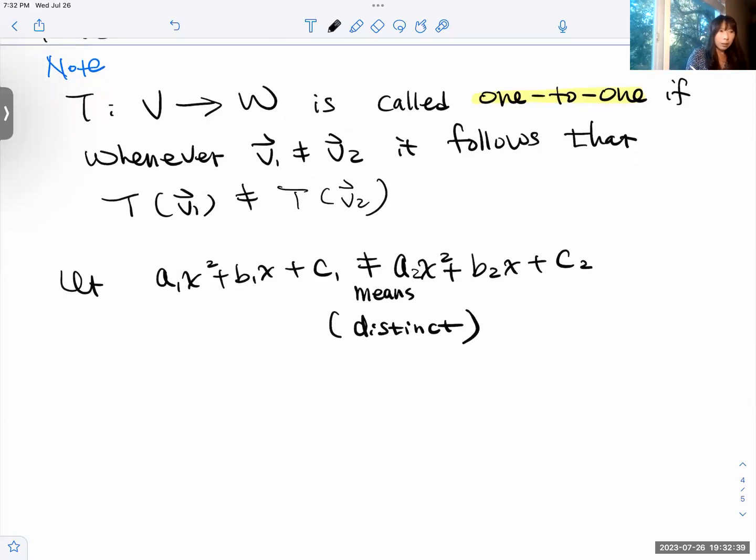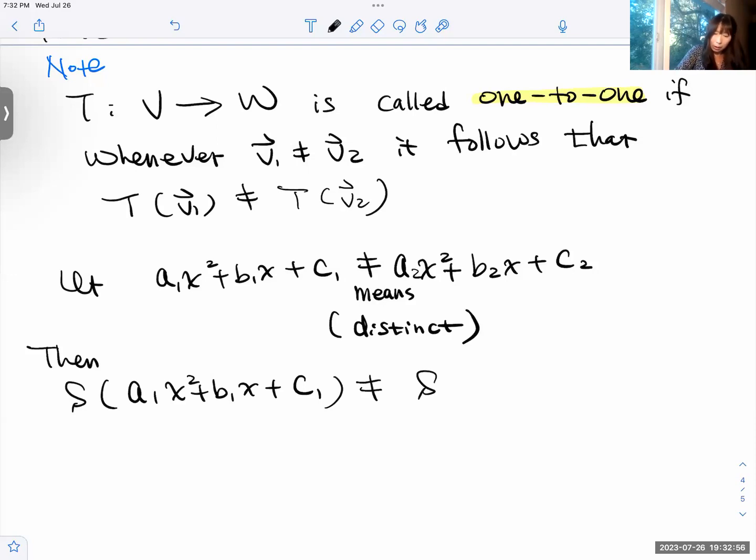Then we have S of a sub 1 x squared plus b sub 1 x plus c sub 1, and it's not equal to S of a sub 2 x squared plus b sub 2 x plus c sub 2, right?